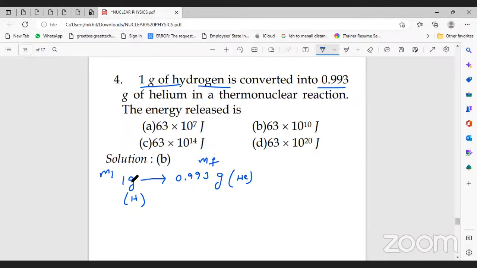You can convert this gram into kg, right? Since the mass is in kg, how to calculate the energy? Energy is calculated by using delta M, that is the mass difference, into c squared.